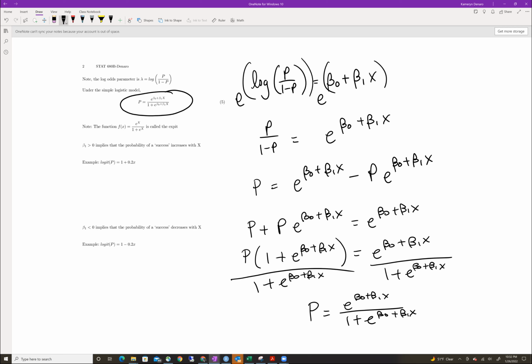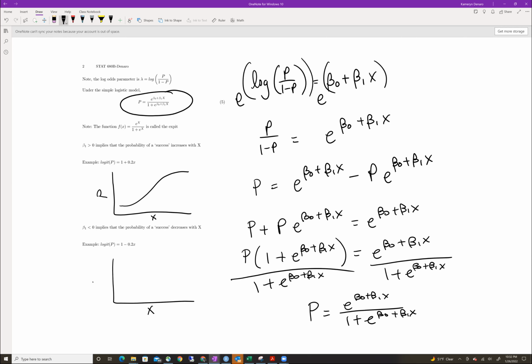If beta 1 is greater than 0, then if we are plotting x and p, as x increases, the probability of success is going to increase. So we're going to get this S curve, and you can check that out with an example in R. We'll probably do that later as well.